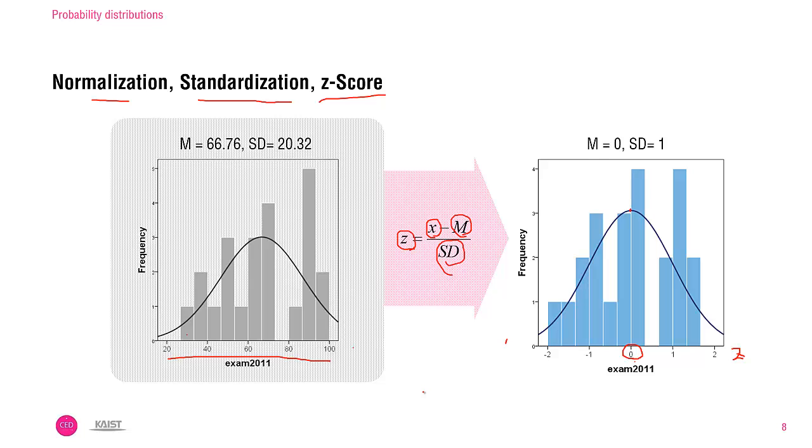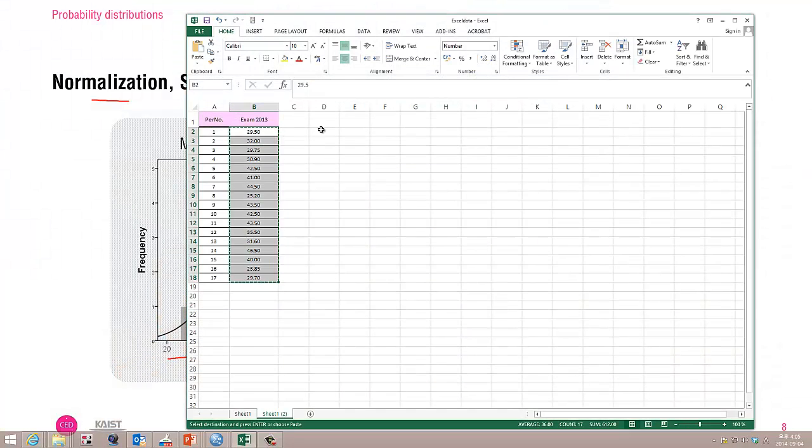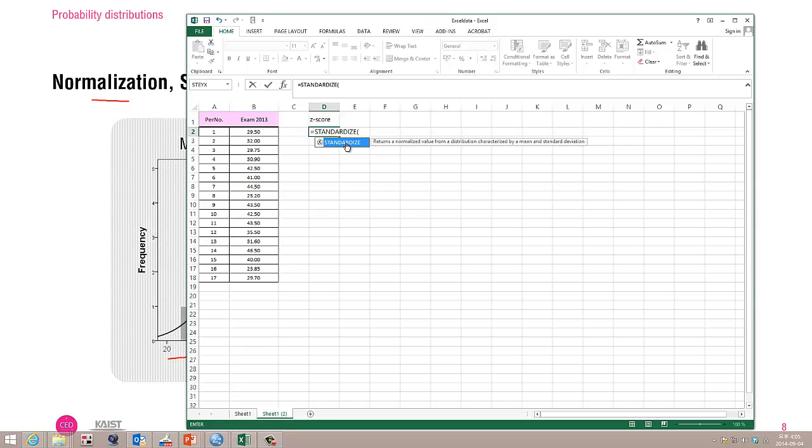Let me show you how to transform the exam score into a z-score. In Excel you can do it, and of course in SPSS you can also do it. So let's do it in Excel first. Here, the z-score function, standardize this x, and the mean is the average of here, and the standard deviation here should be 18, yeah, and standard deviation.